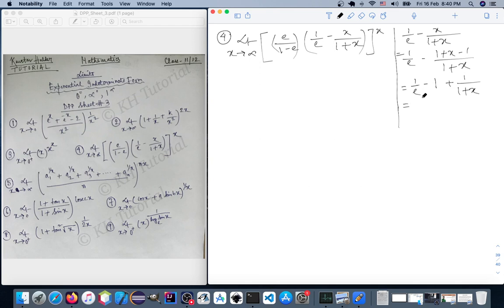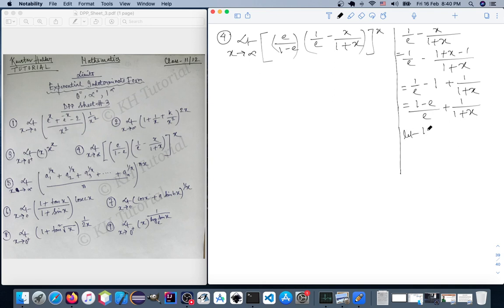This equals 1 minus e by e plus 1 plus x. So we also see the similar term, e is a constant. So over here we have e by 1 minus e, and in the second term, we got 1 minus e by e.